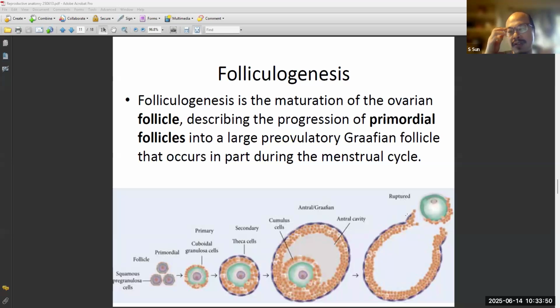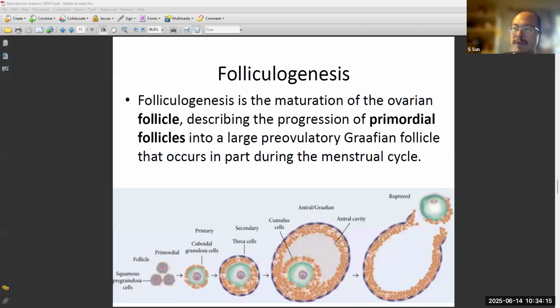And so we have the menstrual cycle to keep on producing, randomly, some of those that will become matured each time. So before puberty, the female only has primordial follicles.